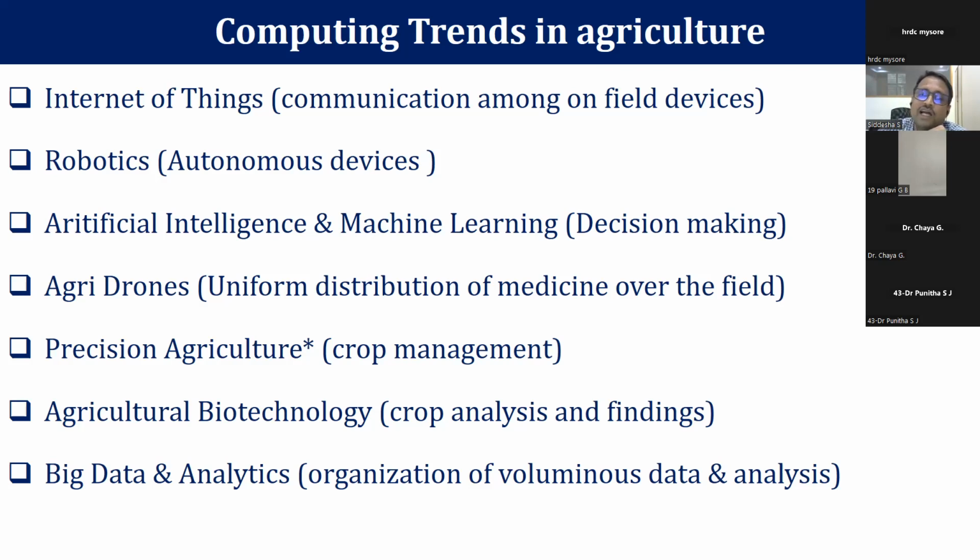Next is agri drones. This is going to be another wide area. They are manufacturing drones. Nowadays, we have seen that in India also it has started. They are going to spray either manure, pesticides, insecticides or any other thing by making use of drones. This plays a vital role for the uniform distribution of medicine over the field.